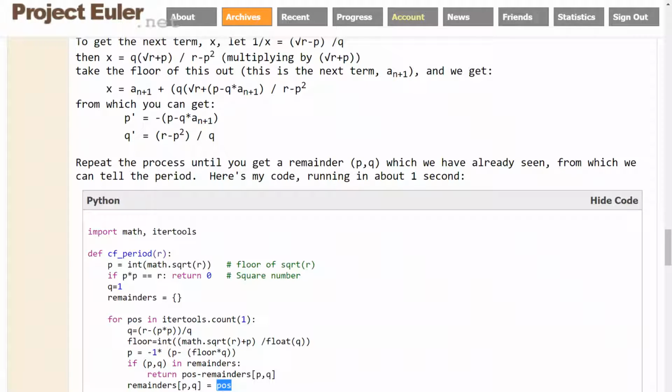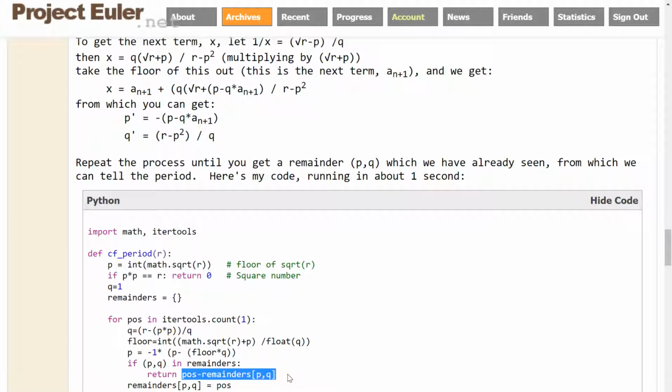Okay, so this is where he's, yeah, you're right, he goes past it, so he remembers the position from every single combination, and if it's in there, he gets the period length, I guess.